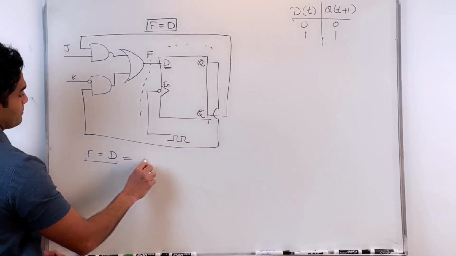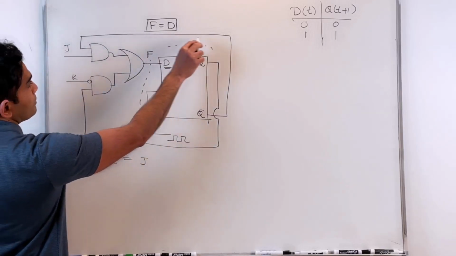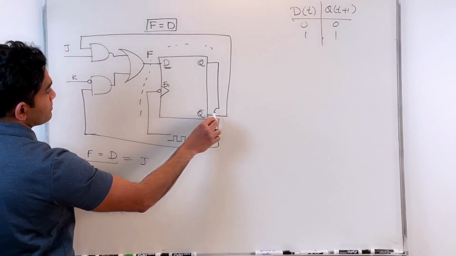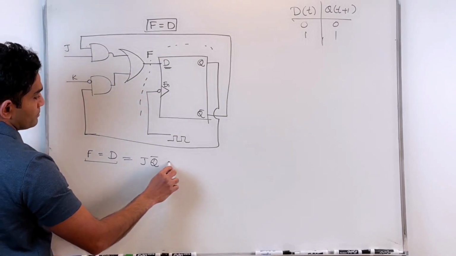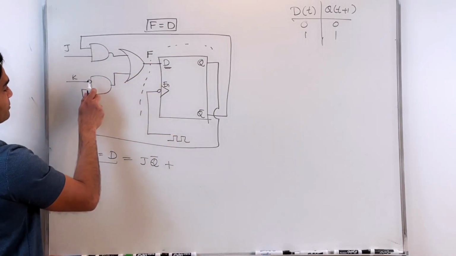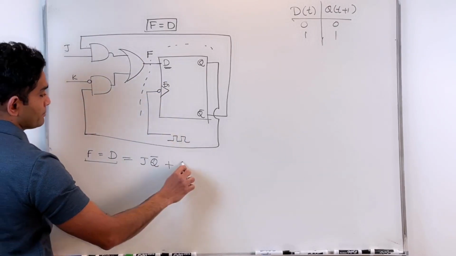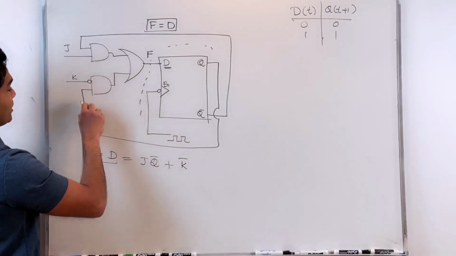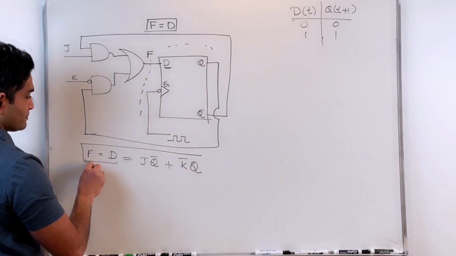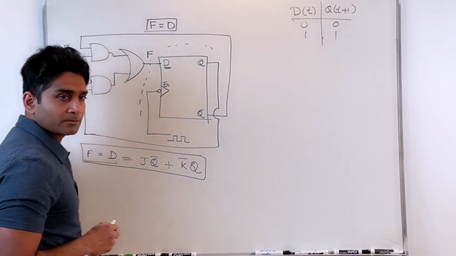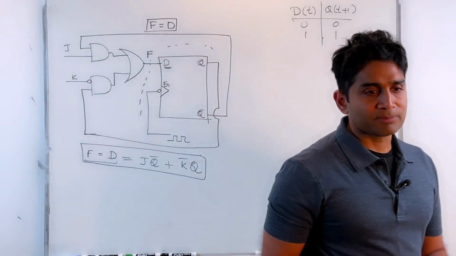J Q prime, right? This is J Q prime. This is an OR gate, plus K prime. The other input here is Q. So that's J Q prime plus K prime Q.